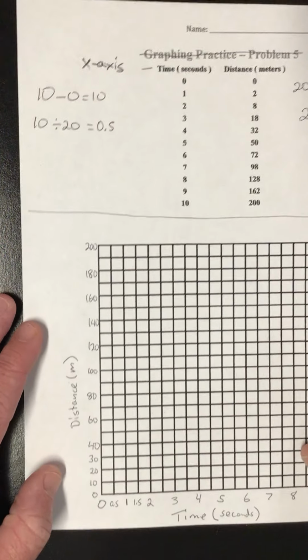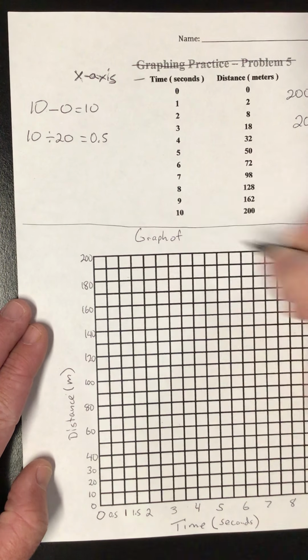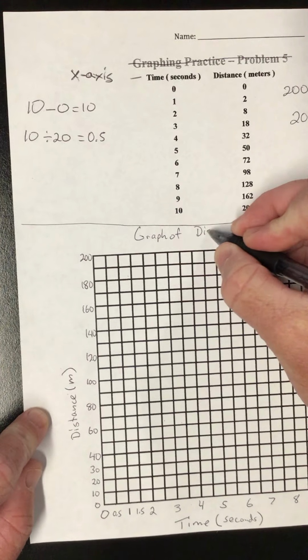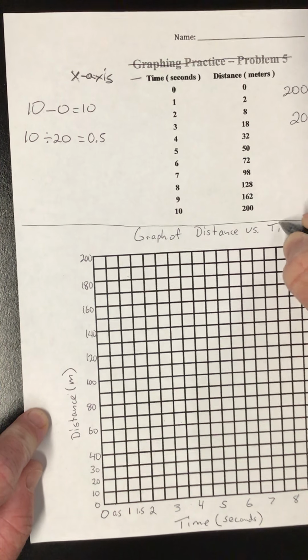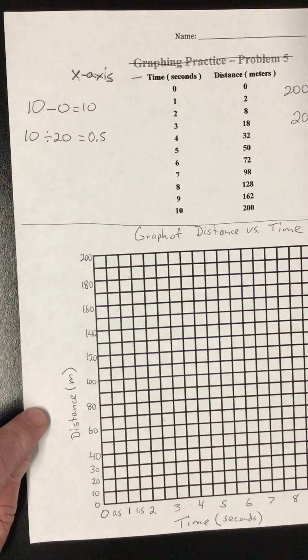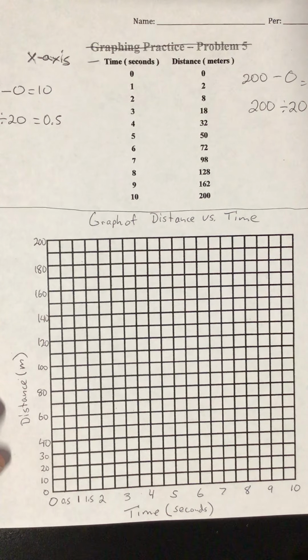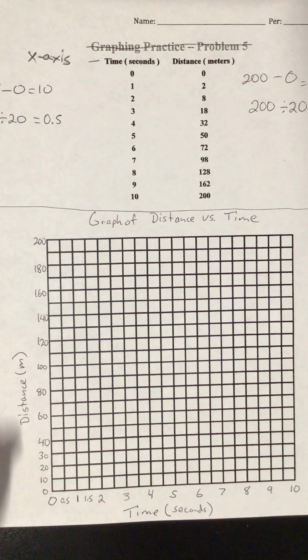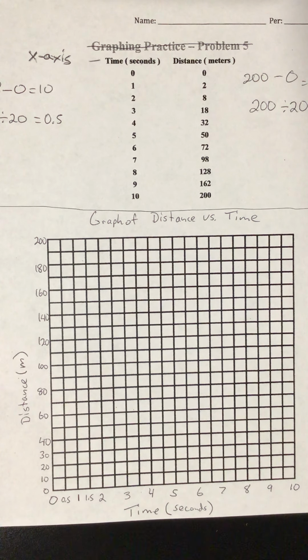So the easiest way for a title is we can say graph of distance versus time, because those are the two things that we're comparing. Okay, there's our title.